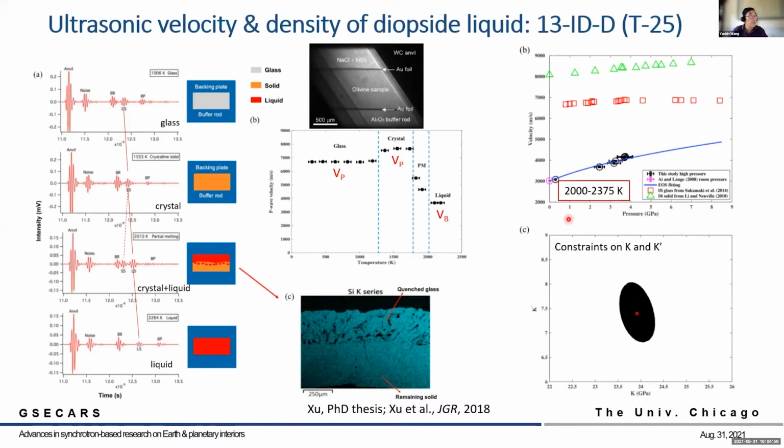The velocity is determined by these travel times and sample length imaging, and shows a very different pressure dependence compared to the crystalline diopside and diopside glasses. The data quality in this case is quite good because we can tightly constrain bulk modulus and K prime simultaneously.